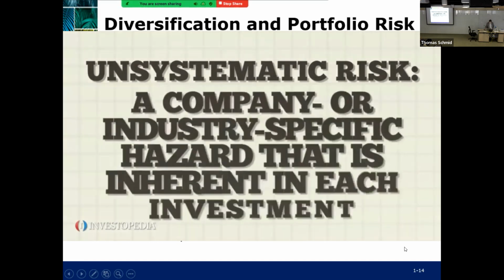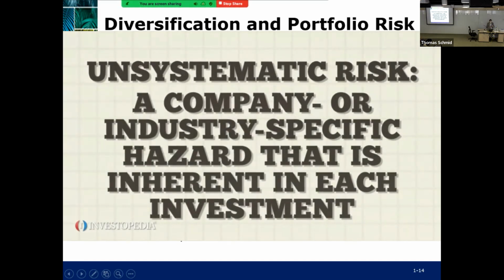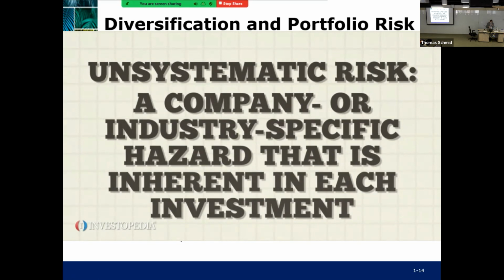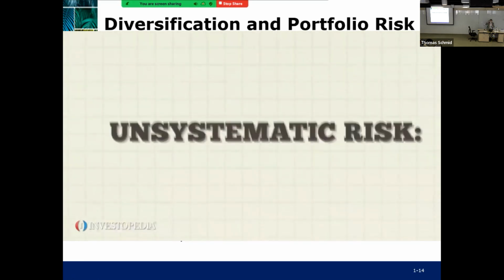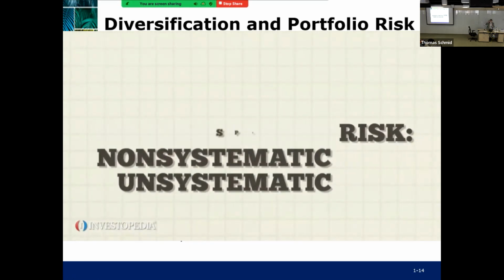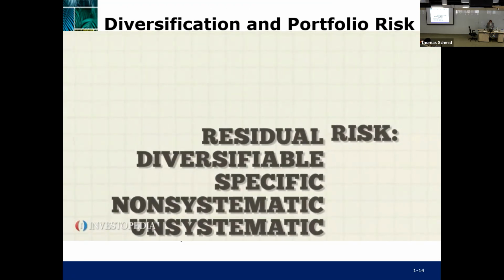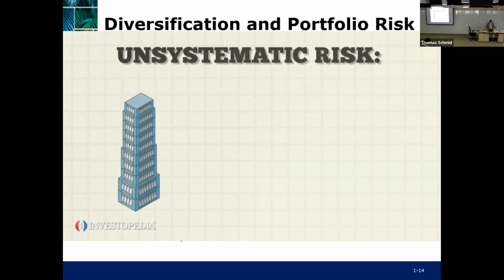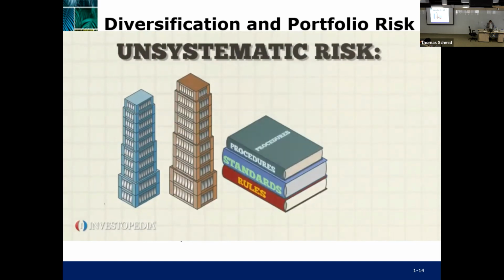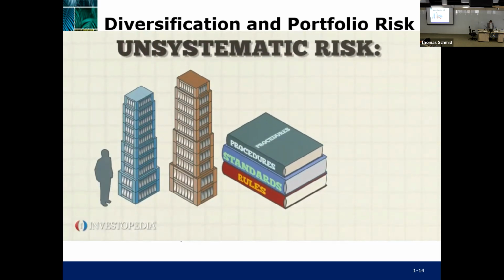Unsystematic risk is a company or industry-specific hazard that is inherent in each investment. Unsystematic risk is also known as non-systematic risk, specific risk, diversifiable risk, or residual risk. Examples of unsystematic risk include a new competitor, a regulatory change, a management change, and a product recall.